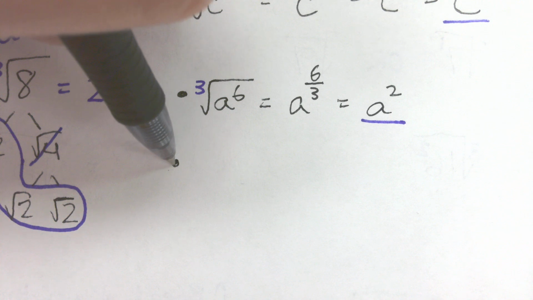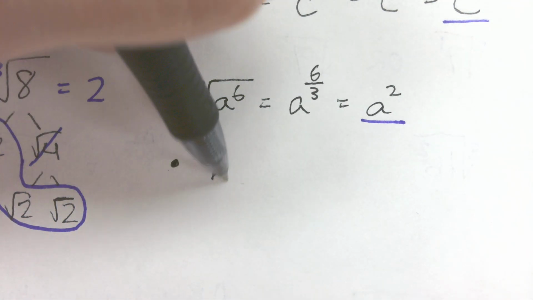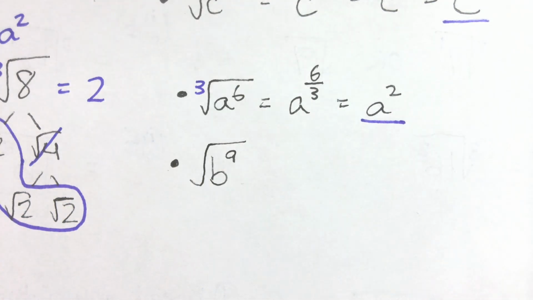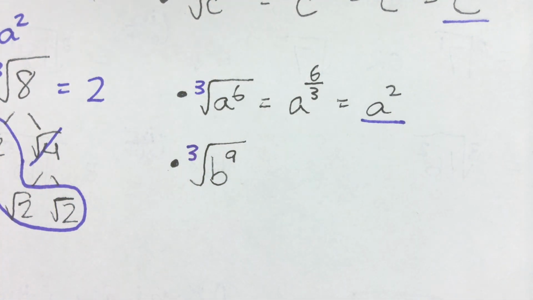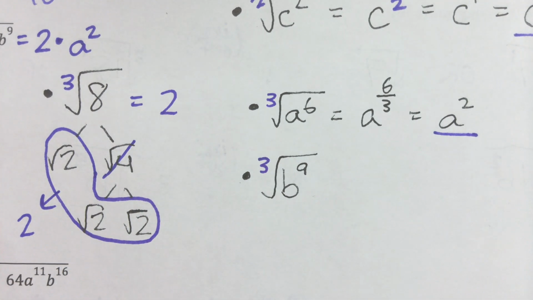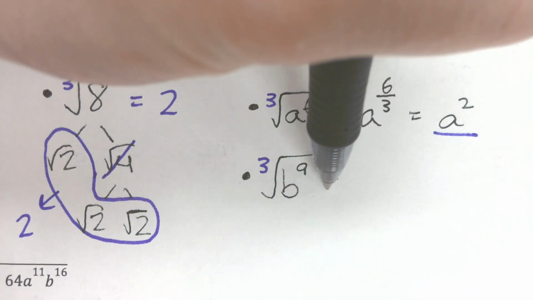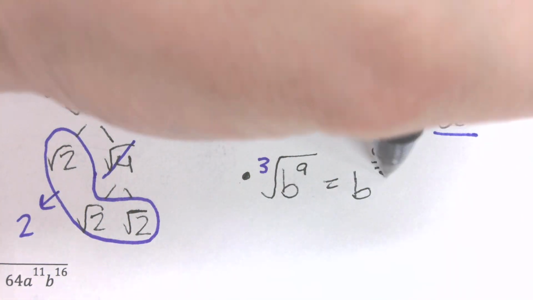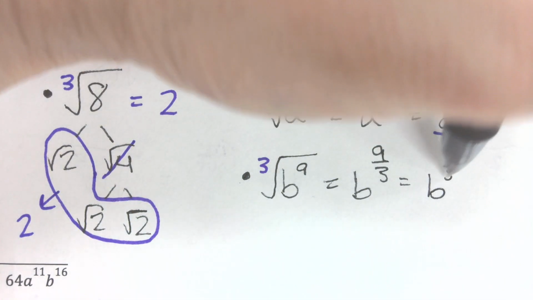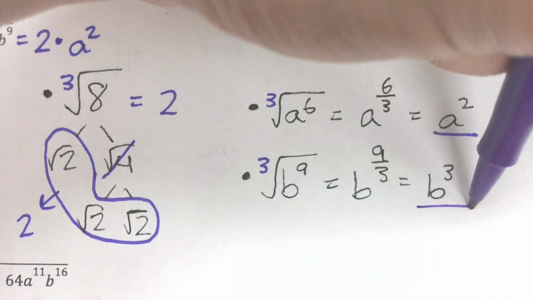And let's repeat that for b to the 9th. Once again, this is a cube root. And 9 divides nicely, so I'll use the fraction again. 9 over 3. And dividing, we get b cubed.